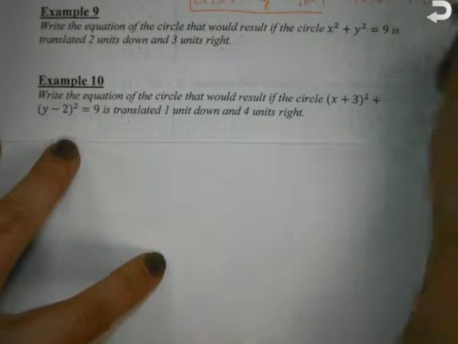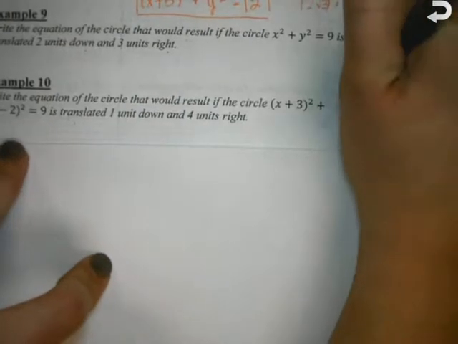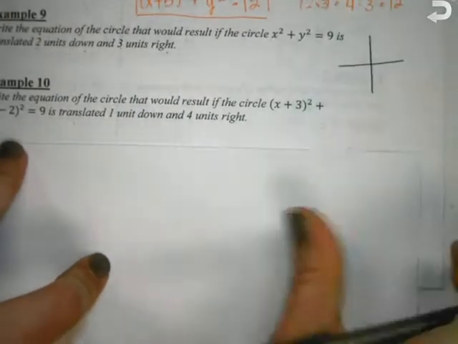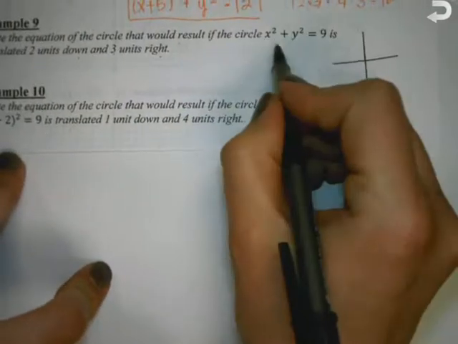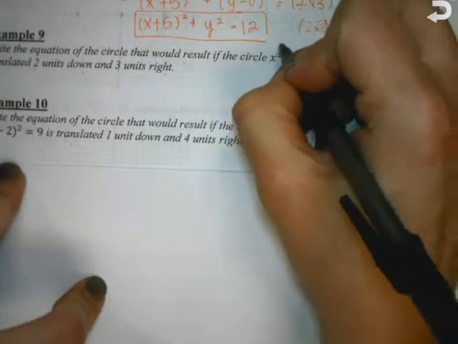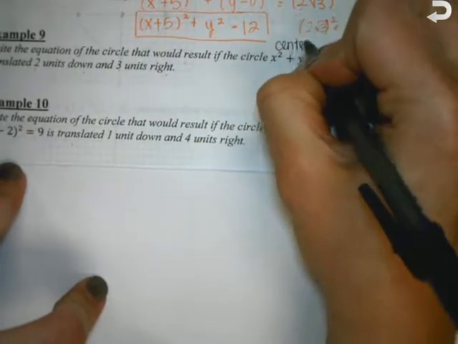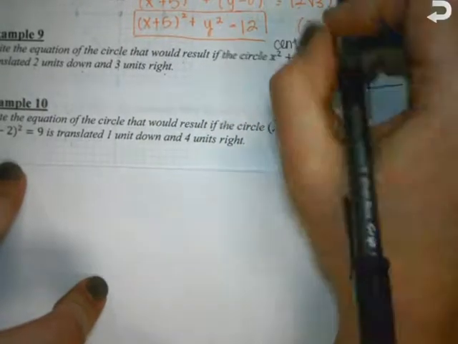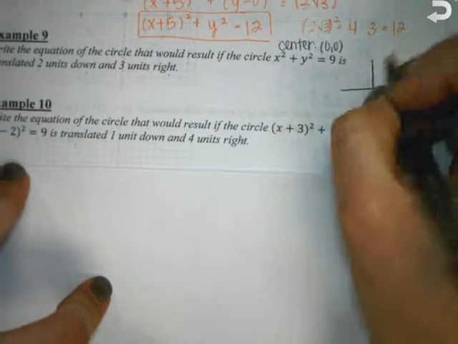So just off to the side, let's just draw a little sketch of a graph. What is the center of the original? 0, 0. So just draw it right there. And then we translated it 2 units down, 1, 2, and 3 units right, 1, 2, 3.